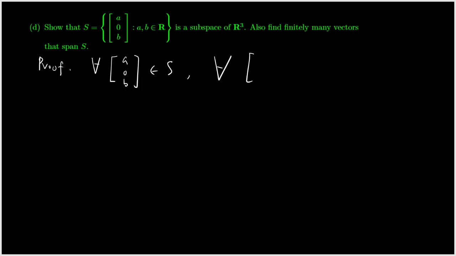Okay. Now we choose two arbitrary vectors from S. One vector is A0B, and by the way, how can we characterize the vectors in S? As long as the second component is 0, then that's a vector in S. The second vector I want to choose is maybe C0D. We choose two arbitrary vectors from S, and then we compute the sum of the two vectors.